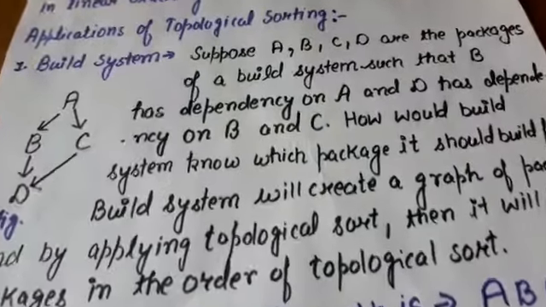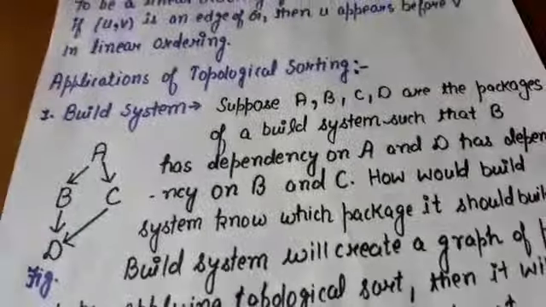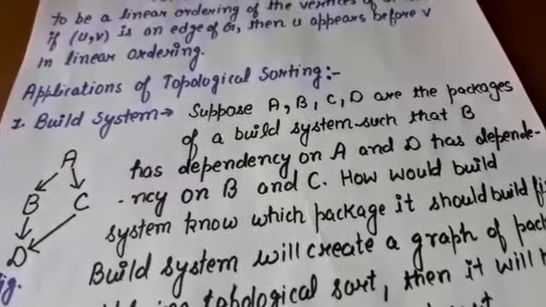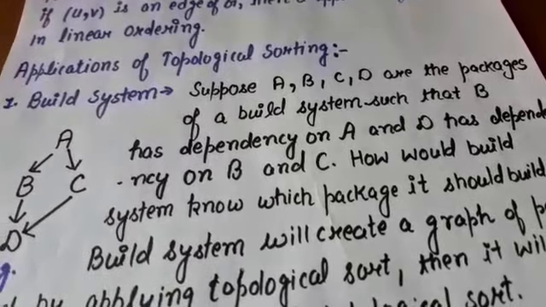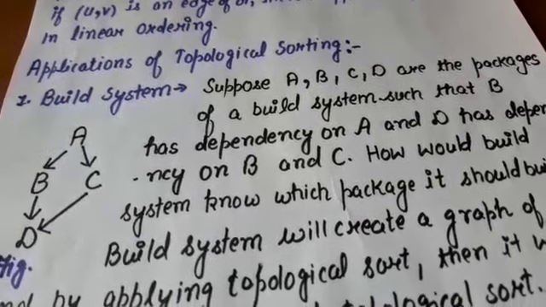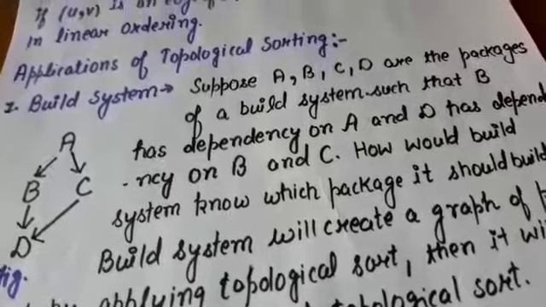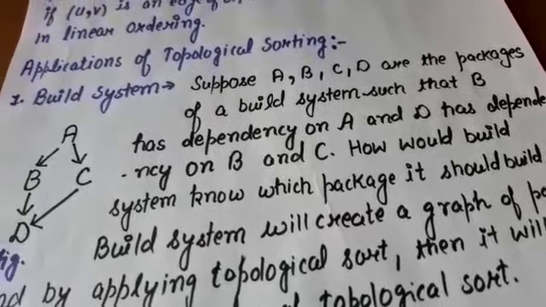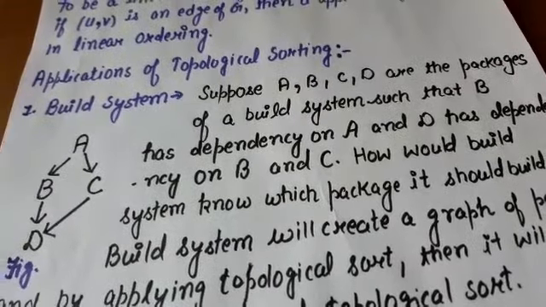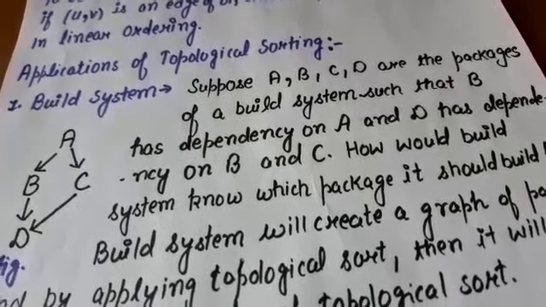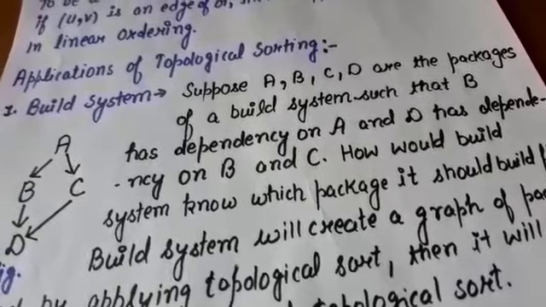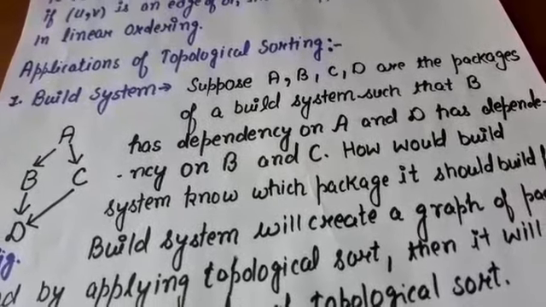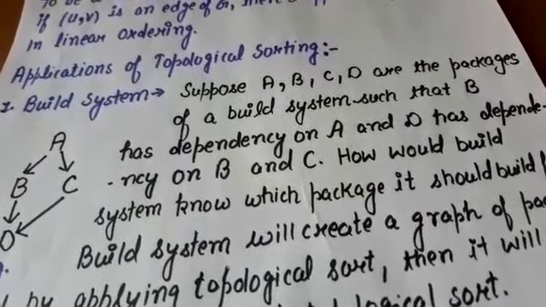So let's see the application areas of topological sorting. The first application area where we generally use topological sorting is the build system, right? Here build system means that suppose I want to make a project and I want to make a build system for that project that will tell me the order of different programs or packages I have to consider for that project, right?